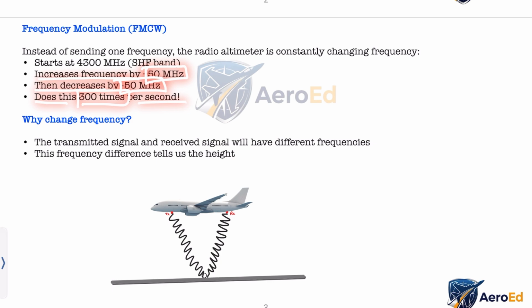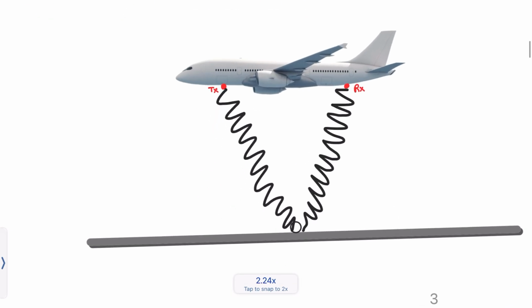As you can see here, the aircraft, the transmitter, the receiver and the ground. The aircraft first sends the signal at 4300 MHz and then it receives at 4300 MHz, right? Then again it transmits, as written, increasing frequency by 50 MHz. So now it sends 4350 MHz and then it again receives at 4350 MHz.